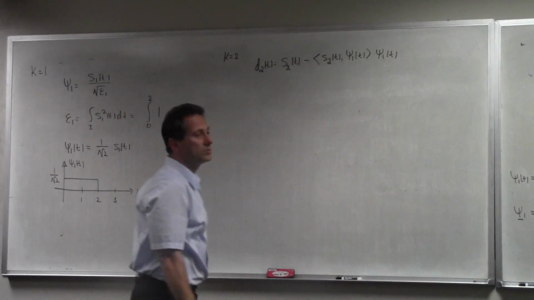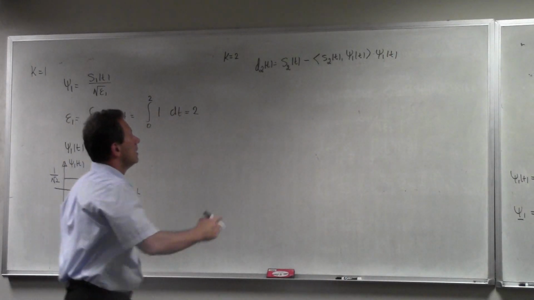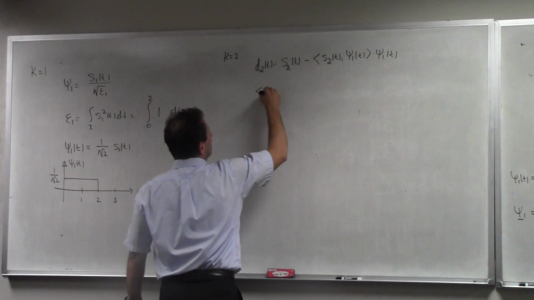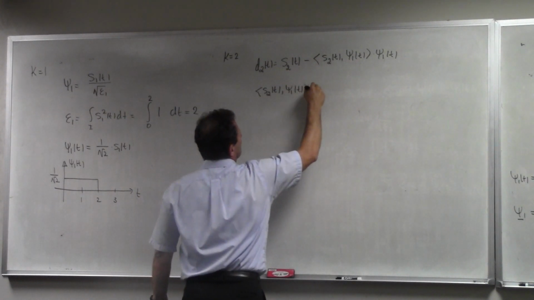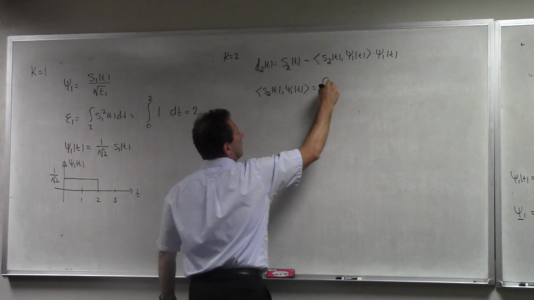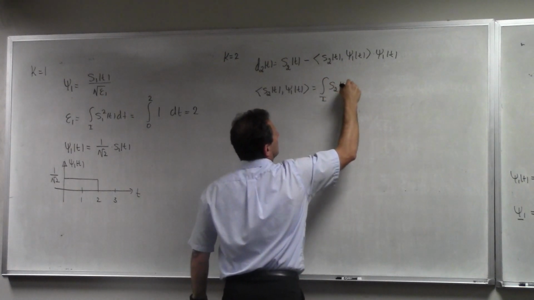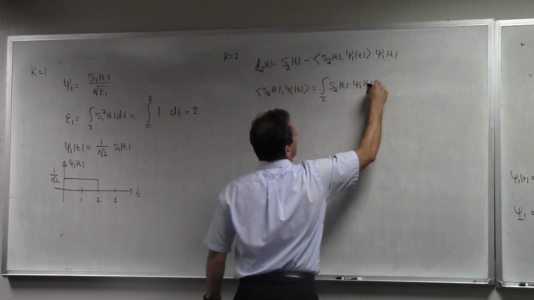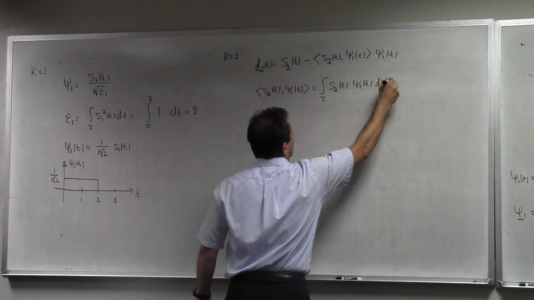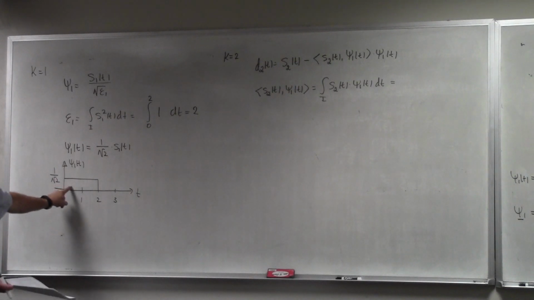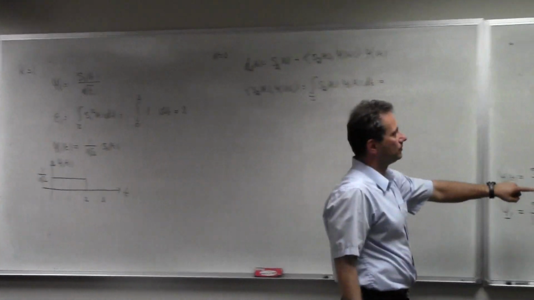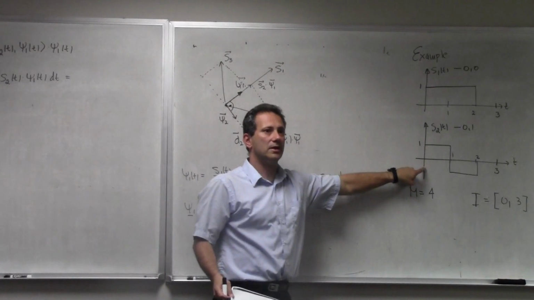Right? So that's the first thing I need to do. Well, what is S2 of t in dot product with psi 1 of t? It's an integral over interval I of S2 of t times psi 1 of t, dt. Well, how large is this integral? We'll take this and multiply it with this and tell me what is the area under the curve.